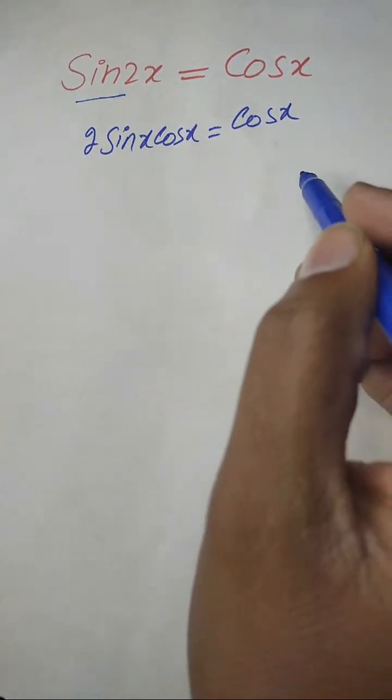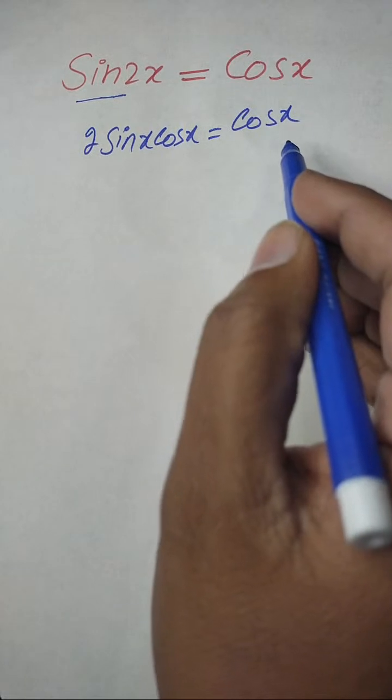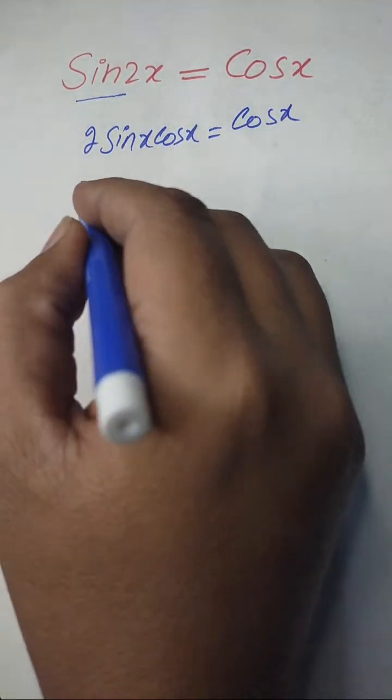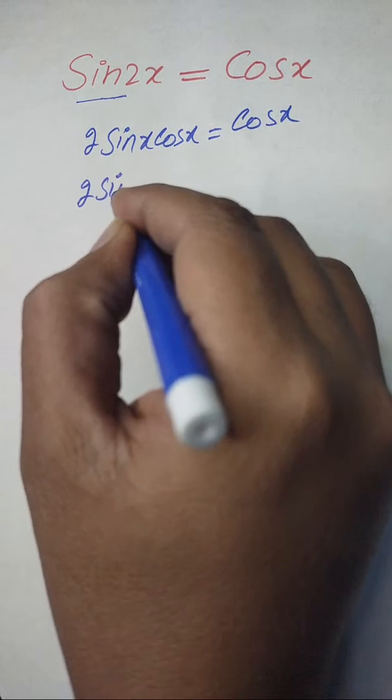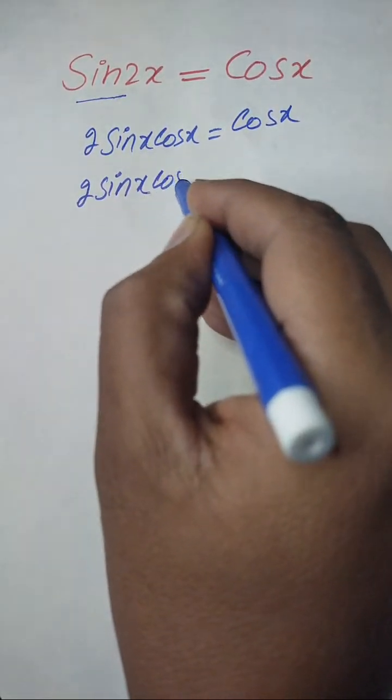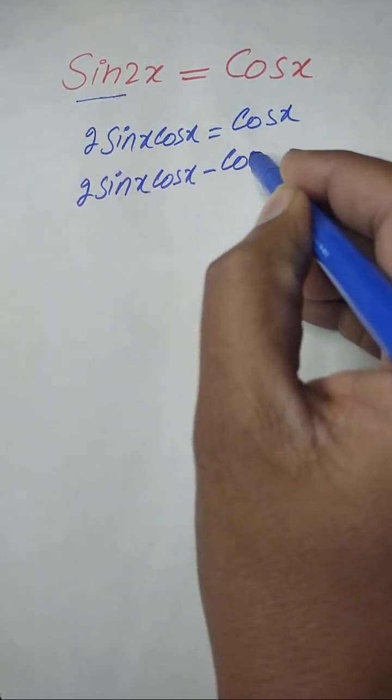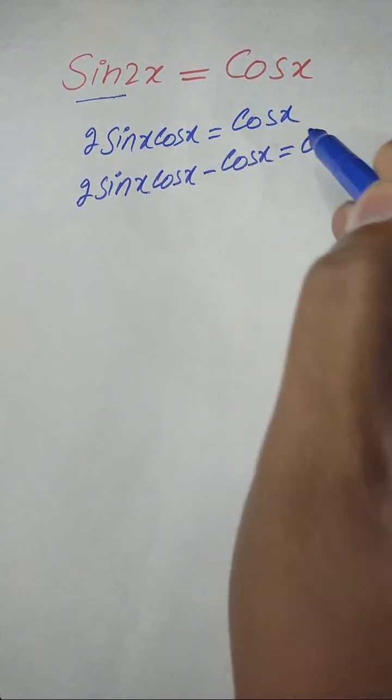And now we will move cos x on the right hand side to the left hand side, and we will write it as 2 sin x cos x minus cos x is equal to 0.